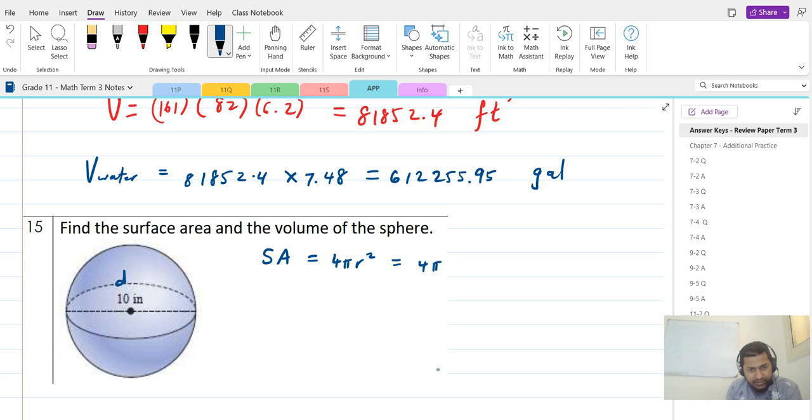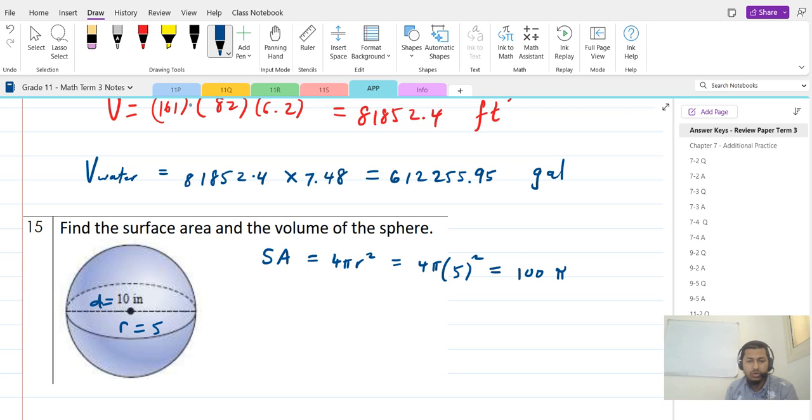Remember the diameter is 10, so radius is equal to 5. What is given on the ball here is the diameter. So 4 pi times 5 squared, just leave your answer in terms of pi. 5 squared is 25 times 4, so the answer is 100 pi.